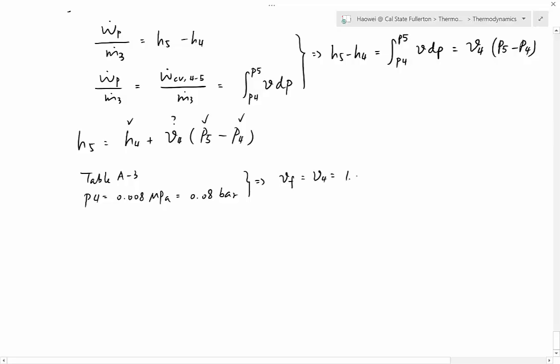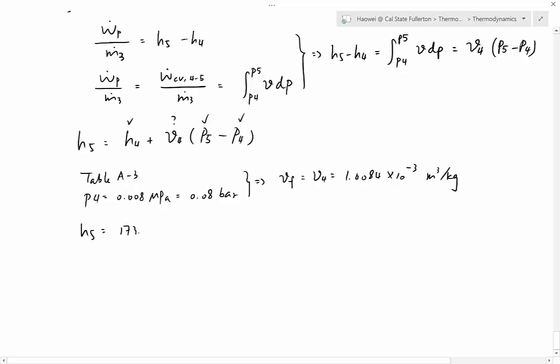Solution is 1.0084 times 10 to negative 3. Unit is cubic meter per kilogram. So now I have everything on the right-hand side. I can easily find H5. Okay, let's plug in the numbers. Be careful when you plug in numbers, make sure you use SI units for every parameter on the right-hand side.